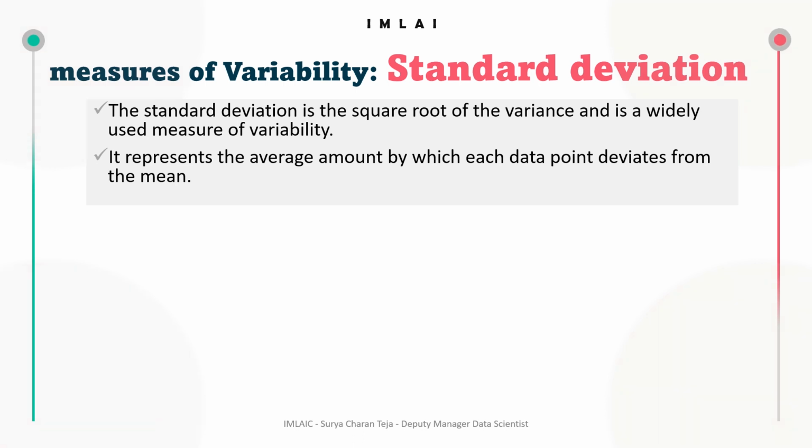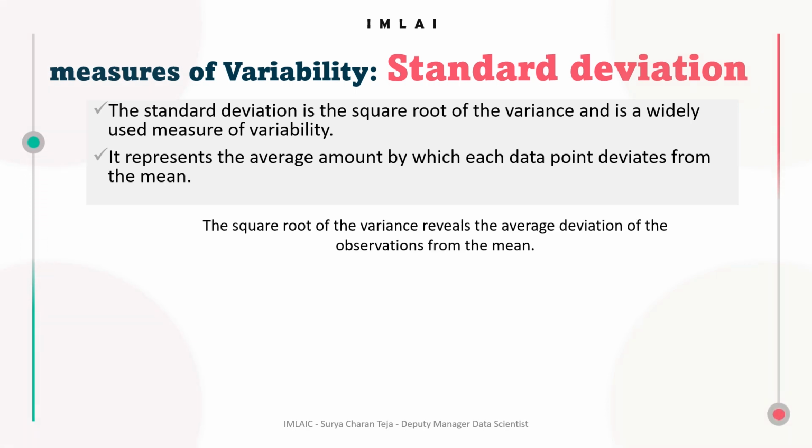The standard deviation is often used to describe the dispersion of data points in a data set in a more interpretable way compared to the variance. So, what is a standard deviation? Standard deviation is nothing but the square root of the variance.